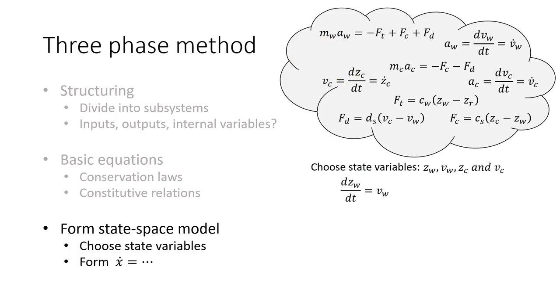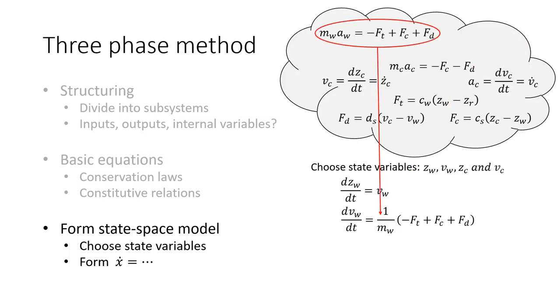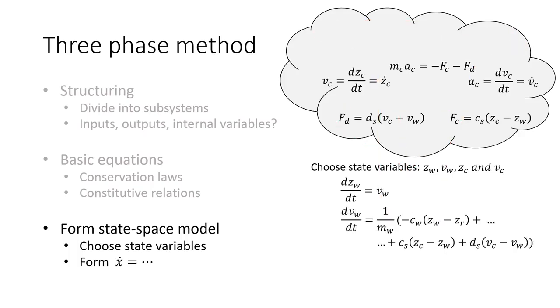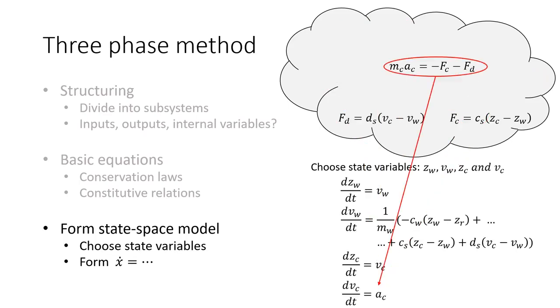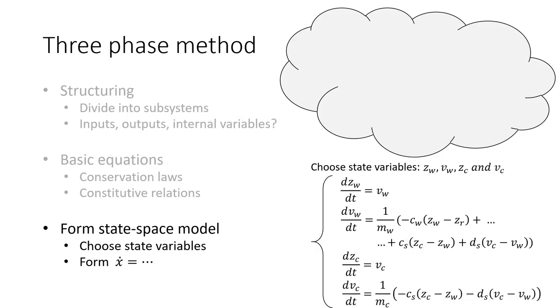Let's continue to the next state variable, which can be the wheel velocity. And we can continue by putting in the equations, one at a time, into our model, until we have all derivatives of our state variables as function of the state variables or the input signal. So in this case, the state space model of the suspension system will look something like this.